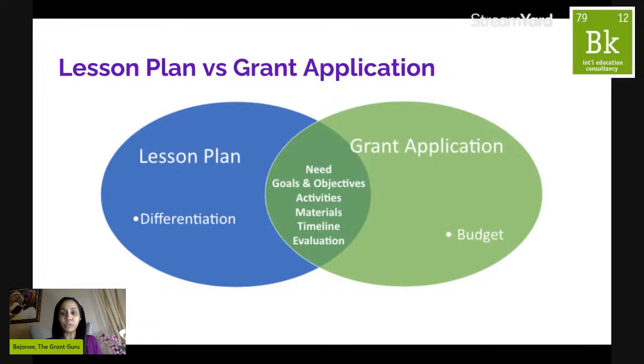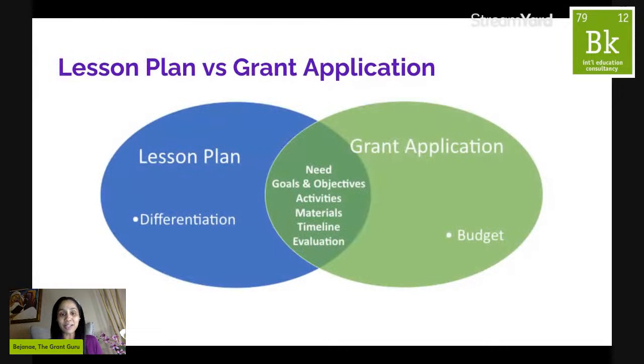You see two bubbles, one with lesson plan on the left, and another with grant application over to the other side. And if you look in the blue circle, this is where a lesson plan is completely different from a grant application. And as you notice, there is not much difference between a grant application and a lesson plan.